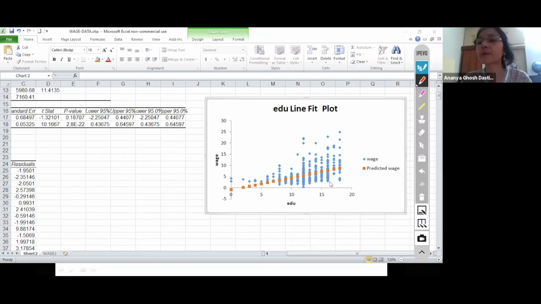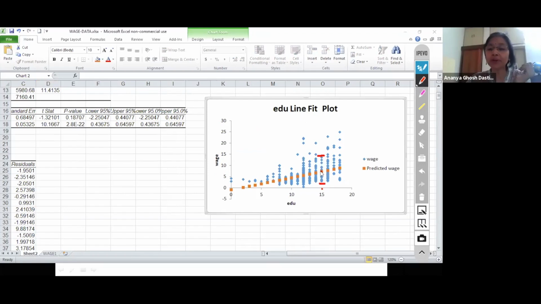Let's take someone with 15 years of education. As you can see, for people with 15 years of education, actual data tells me that their incomes can vary from here to here.